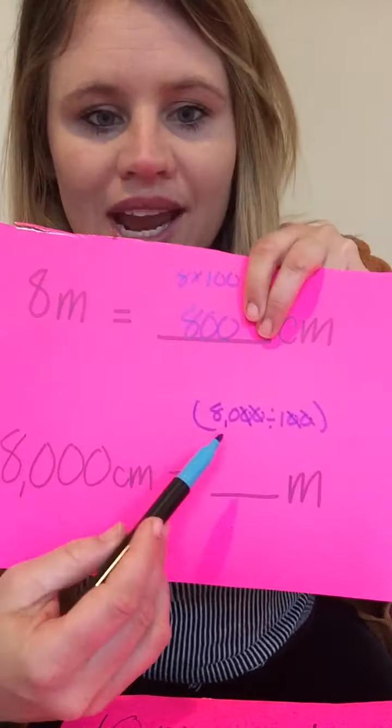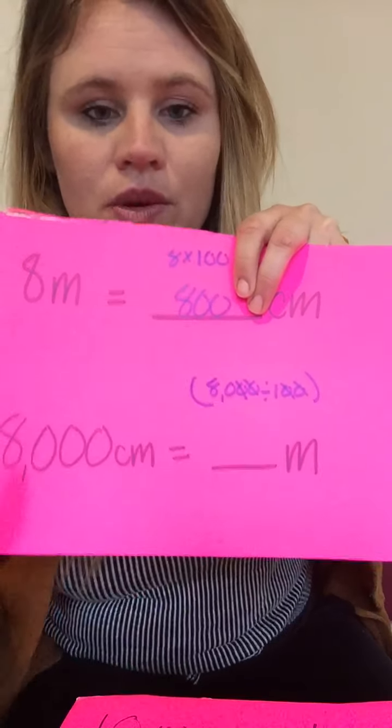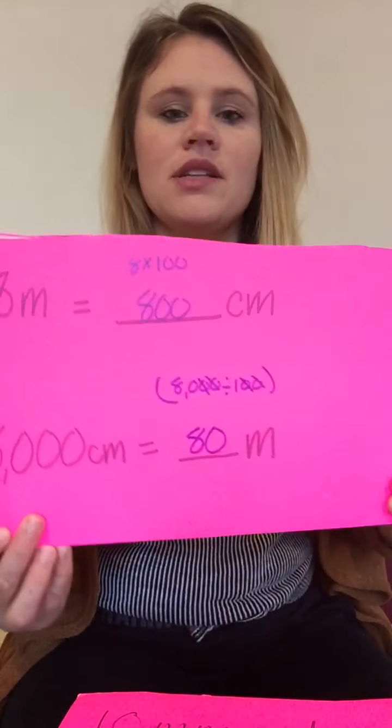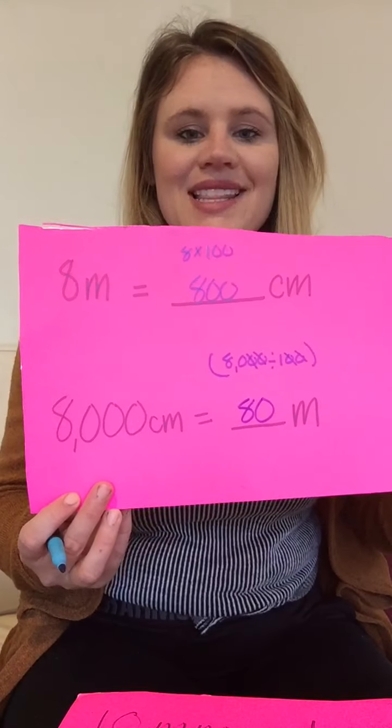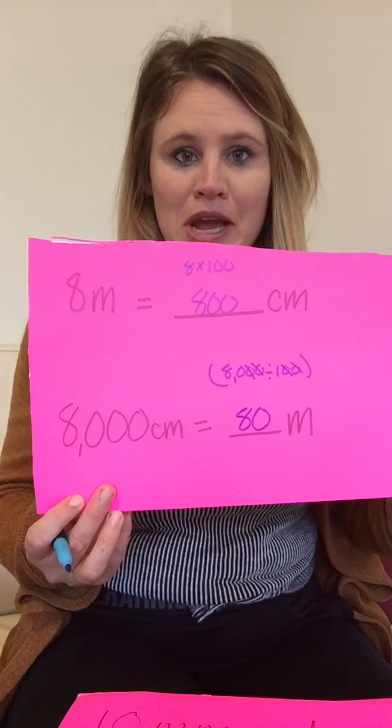Move to the right, you divide by 10. I'm just going to use my trick of eliminating those zeros. So I have a 0 in 100, a 0 in the 8,000, eliminate, a 0 in the 100, a 0 in the 8,000, eliminate. And now I'm down to 80 divided by 1, which is 80. So my answer would be 80 meters is equal to 8,000 centimeters, okay?